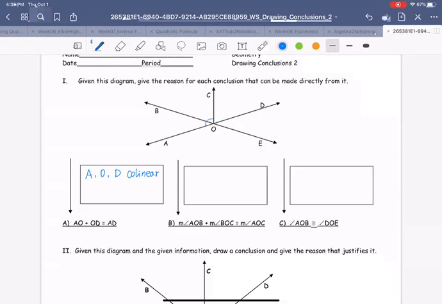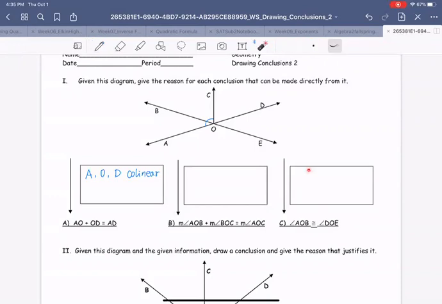What's this called? There's a specific name for this, I think. Like a type of angle.